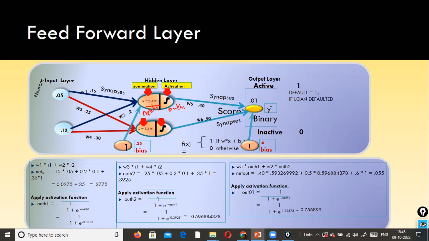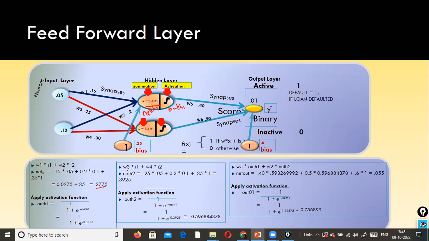This is the value computed first. If you do the math here, you finally get 0.3775. Then you apply the activation function for this value: 1 over 1 plus e to the power of this value.